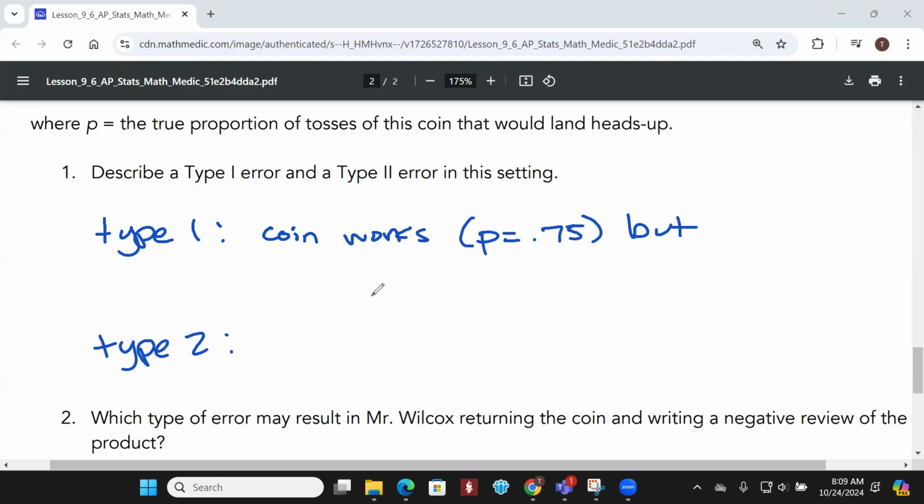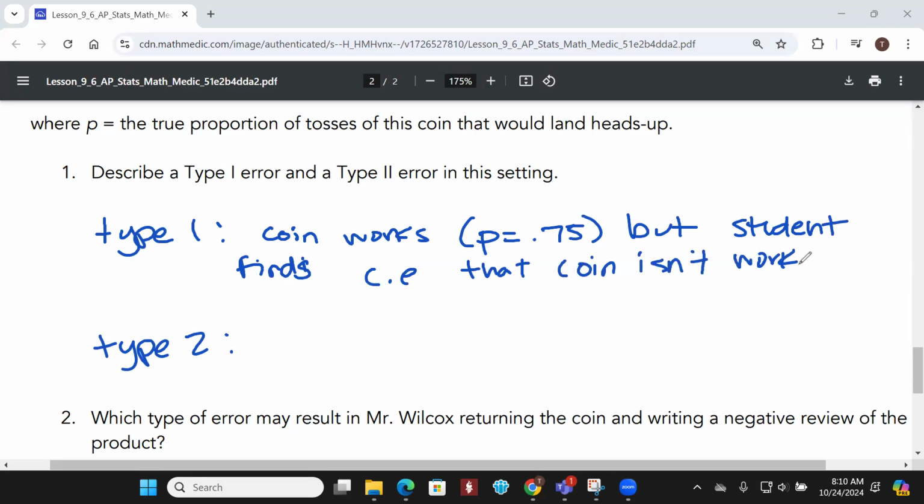Because it's a trick coin. But the student finds convincing evidence that the coin isn't working. So that would mean that the alternative is true. The null is 0.75, so the null is true, but the student finds that the coin isn't working. That's a type 1 error.